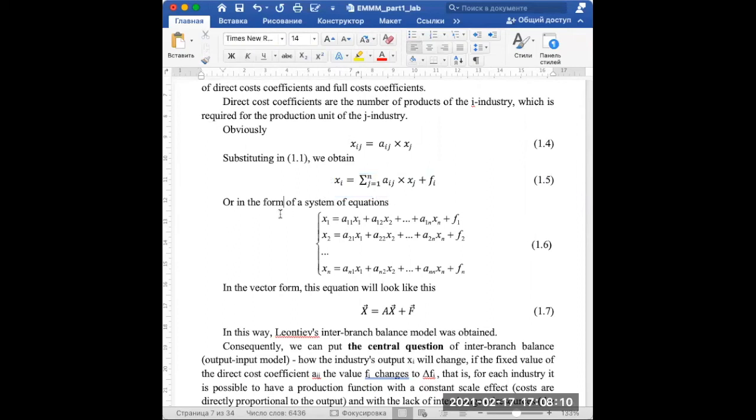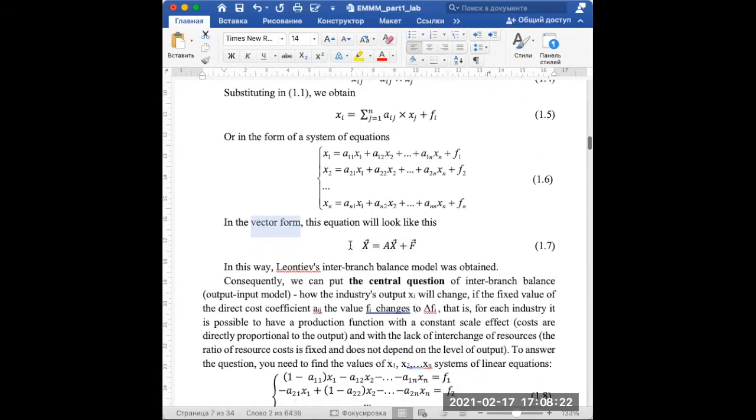And then we can also form a system of equations, or we can use the vector form of these formulas. In vector form, we can write these fundamental formulas, because in this way we find the Leontief interbranch balance model. We write it in vector form: x is equal to the sum of our interbranch deliveries and our final demand.